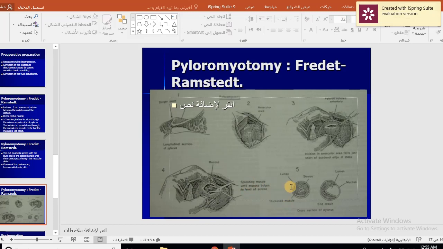Then this is the result. The mucosa is bulged without injury through the opened muscular coat in the pyloric channel, and the obstruction is removed. Then milk passes easily from the stomach to the duodenum.